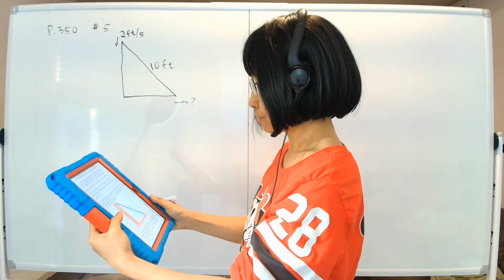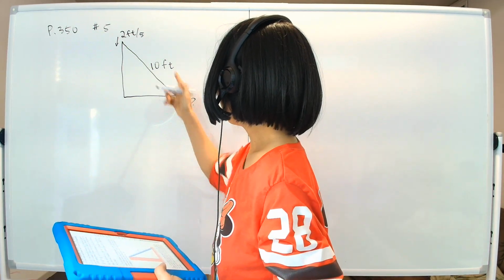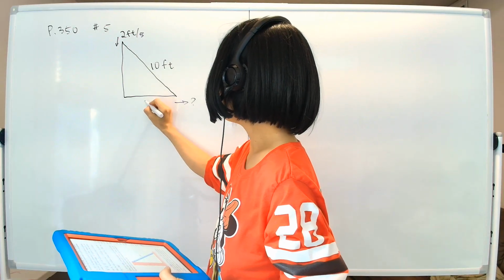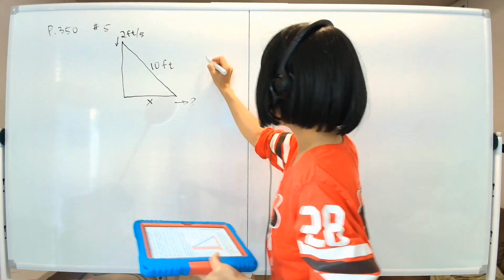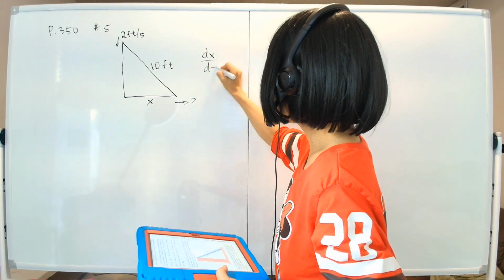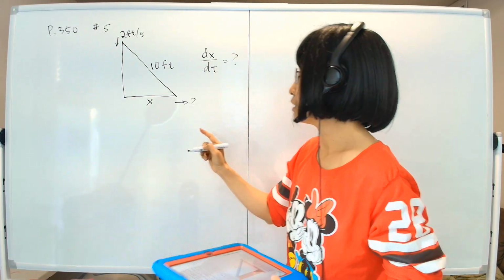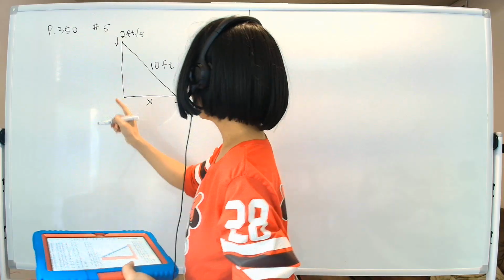And so let's make up some variables. This is 10 feet. So this one we will call x maybe. And what we're trying to figure out in this problem is dx by dt equals what? That is what we're shooting for. And what is this height?